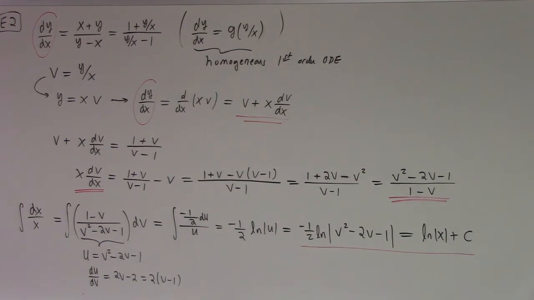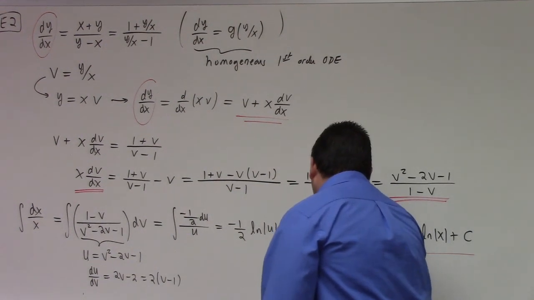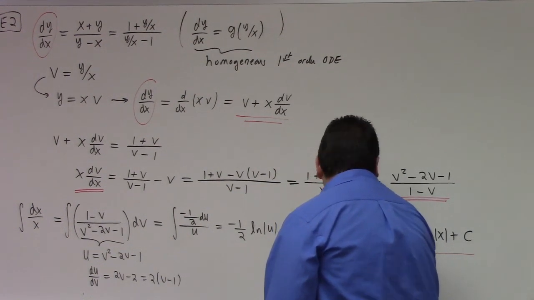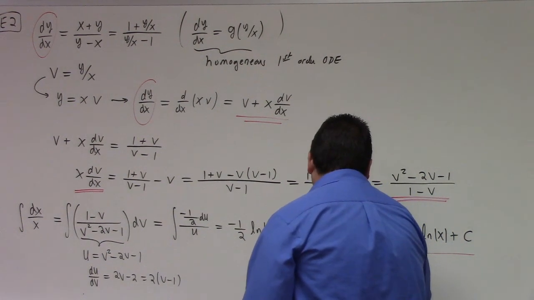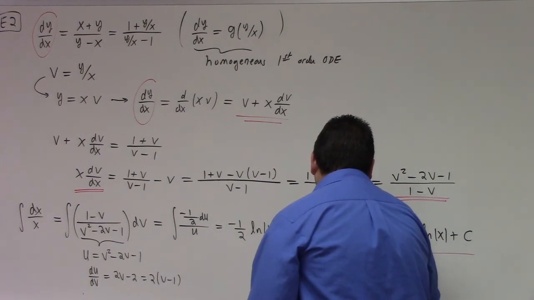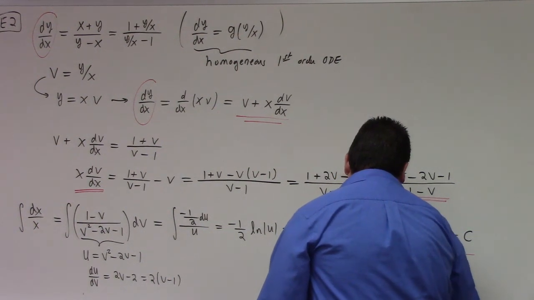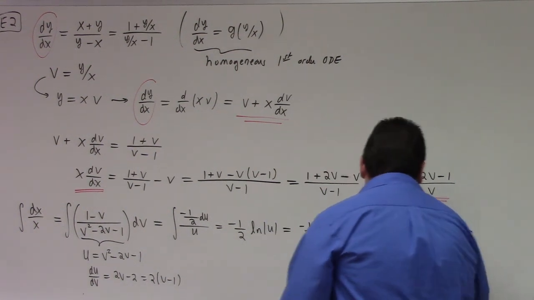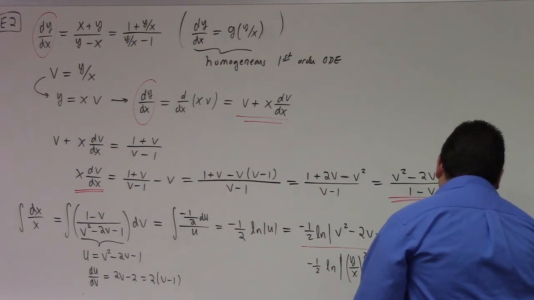So what was v? V was y over x. So going back, I get minus 1/2 natural log absolute value of y over x quantity squared minus 2 times y over x minus 1 close absolute value equal to natural log absolute value of x plus a constant.